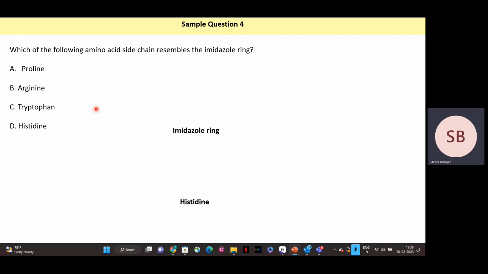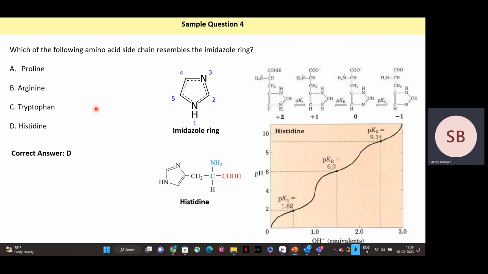So the correct answer is D, histidine. If you look, this is the structure of an imidazole ring, which is a 5-membered ring with 2 nitrogens at the 1 and 3 position. The histidine side chain consists of a CH2 and an imidazole ring. The imidazole ring is what is making the histidine basic.